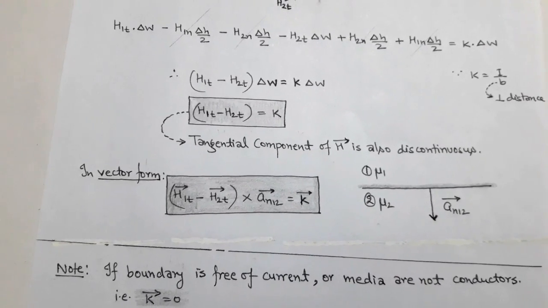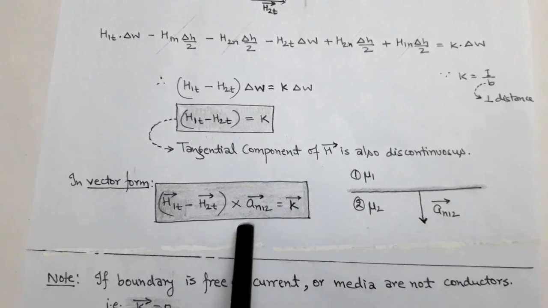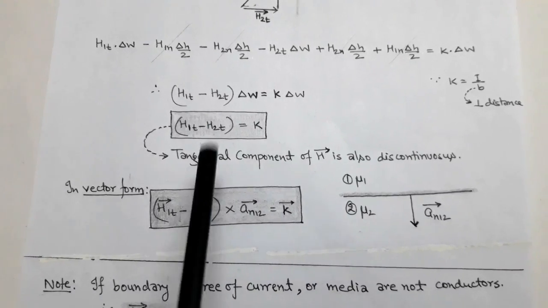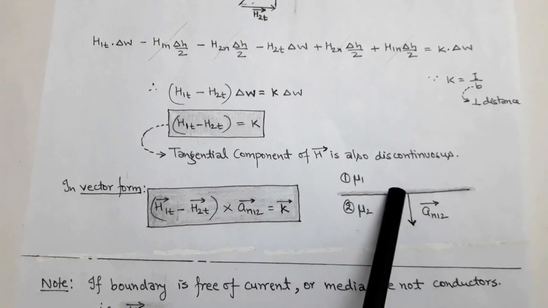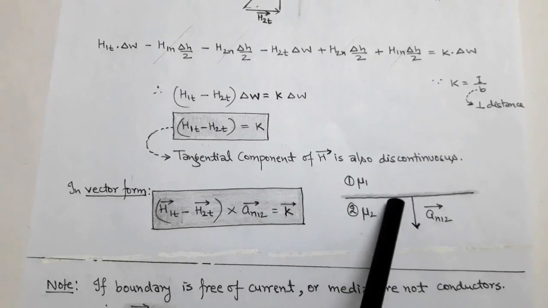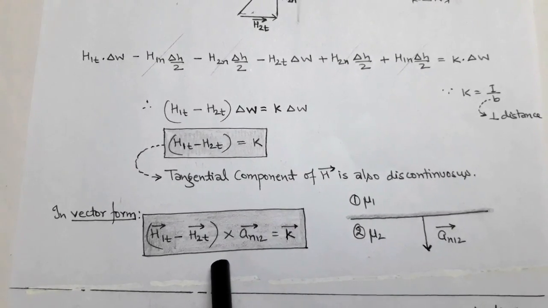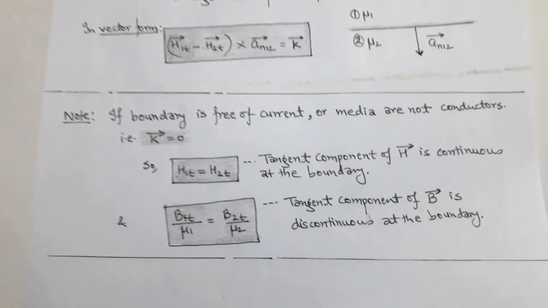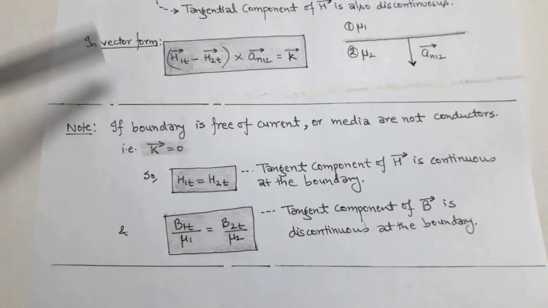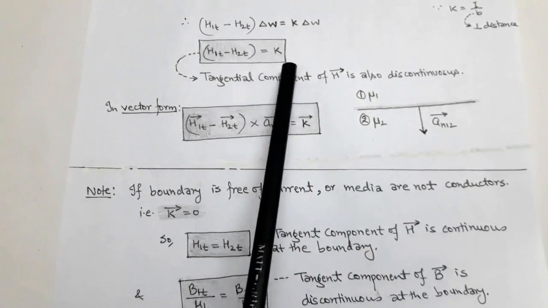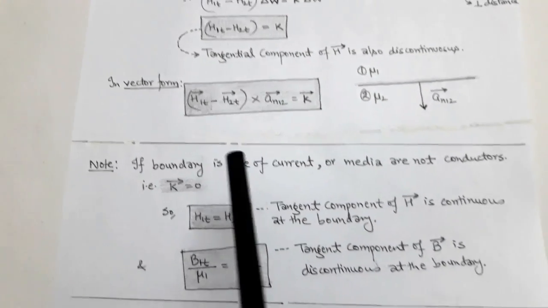So here we take care that within bracket we have H1t minus H2t. We take a unit normal vector from region 1 to 2, and that is equals to surface current density K vector. Now we consider a case when the boundary is free of current, meaning there is no surface current density. In this case, H1t minus H2t equals 0.